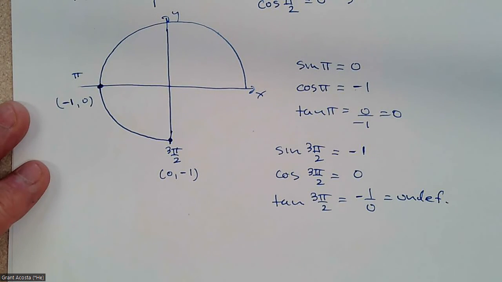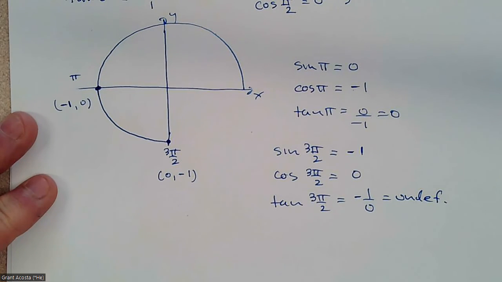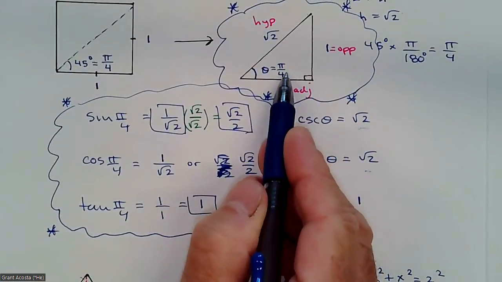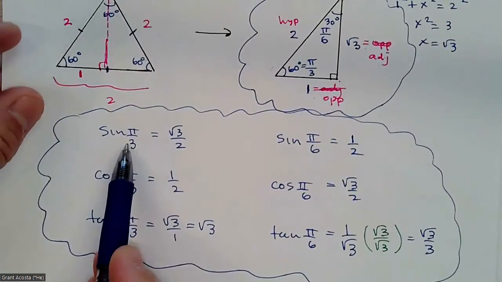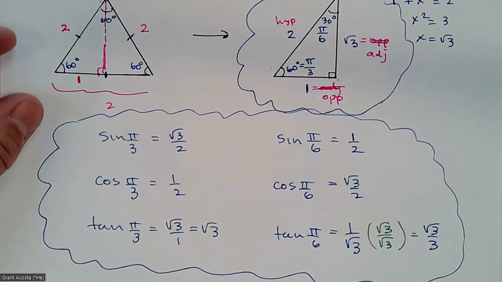All right, so this concludes any angle that is a special angle. In other words, has something to do with an angle of either pi over 4, pi over 3, or pi over 6. You're responsible for knowing how to find the sine, cosine, and tangent without a calculator.